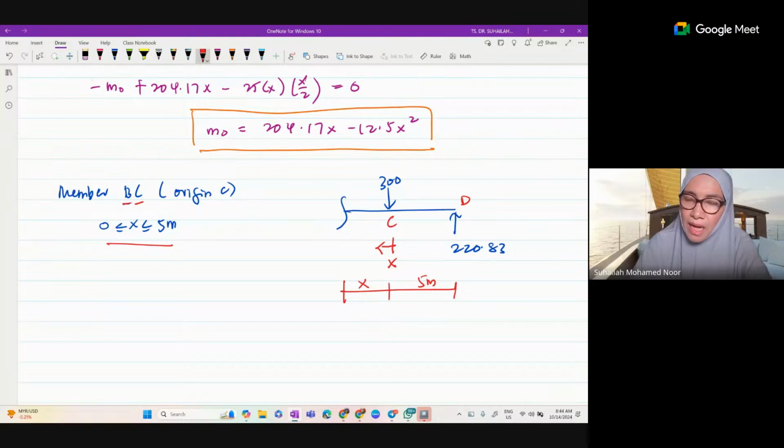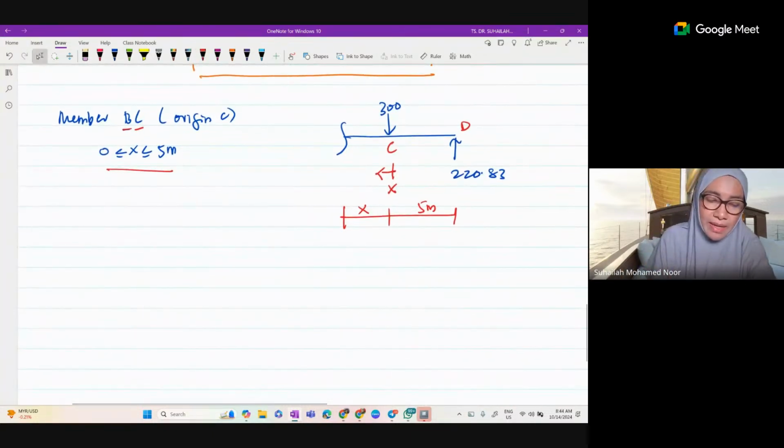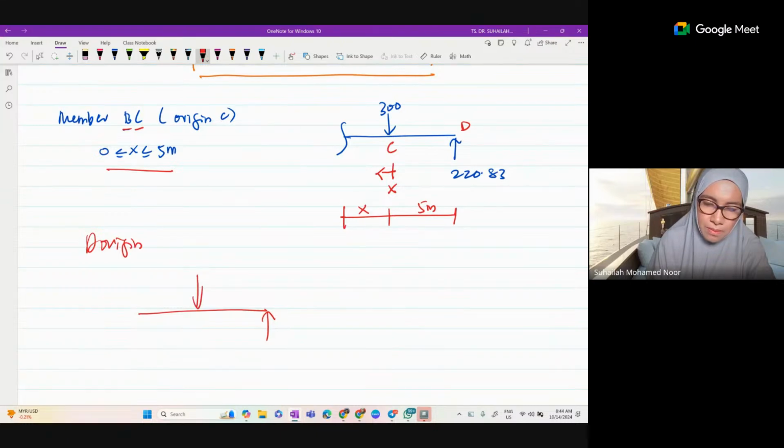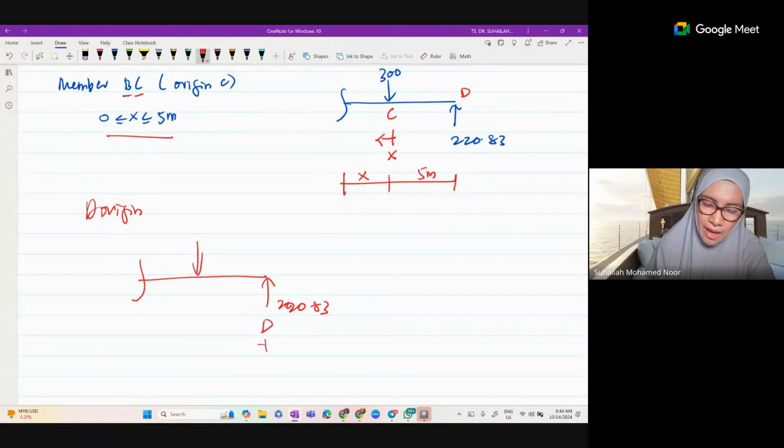Berbeza dengan kalau D as origin. Kalau D as origin, contoh kalau D tu origin, D origin, sini 220.83, semua boleh pilih, mana-mana tak kisah. D as origin maksudnya X kat sini kan.